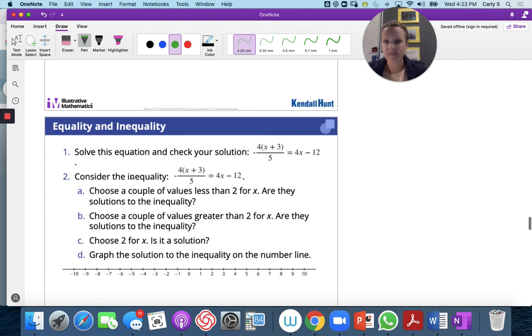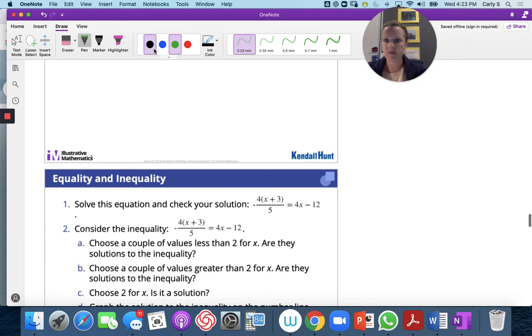All right, so there's a mistake on this slide that I couldn't fix. Let's find it. Okay, so solve this equation and check your solution. I'm going to do it up here. I have negative 4 times x plus 3 over 5 equals 4x minus 12.